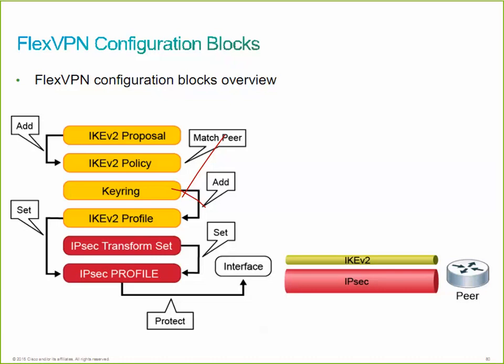Then we have something called the IKE profile, and this is really what ties everything together, right? It is a repository of all of the non-negotiable parameters of the IKE SA. Proposals are negotiable. Policies are negotiable. Keys, well, they're not so negotiable, but they can be configured asymmetrically. There is no default IKE v2 profile.